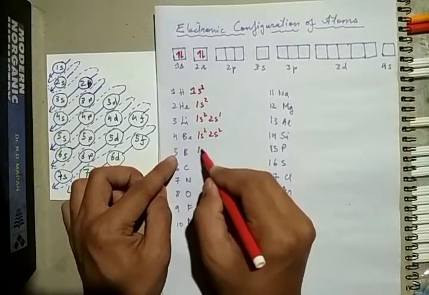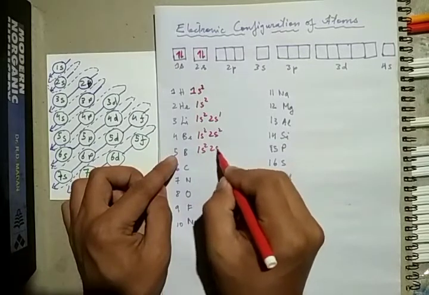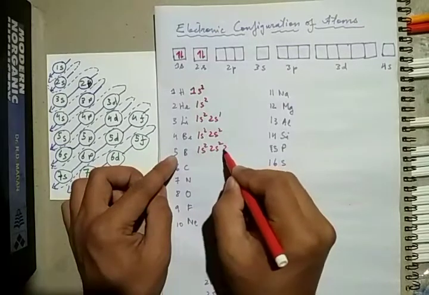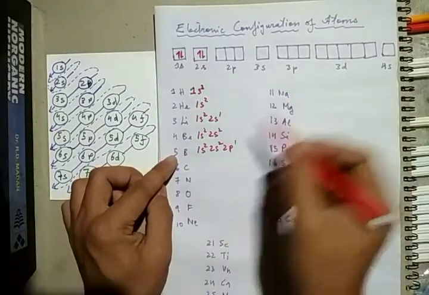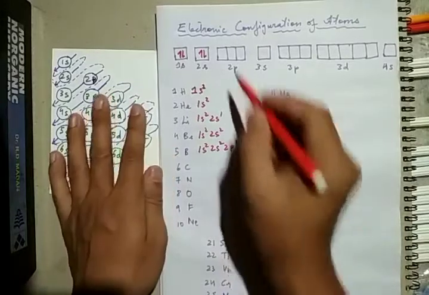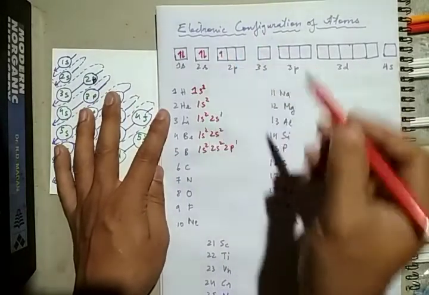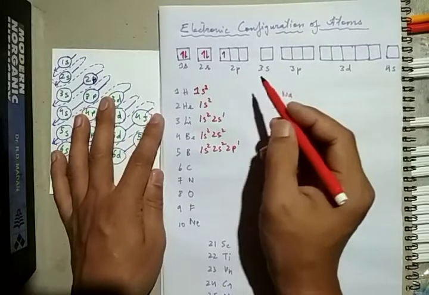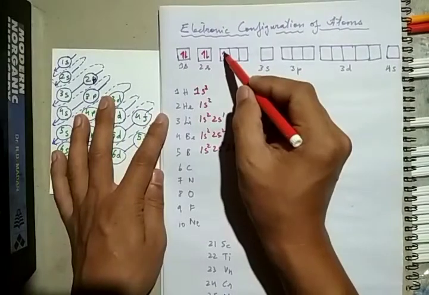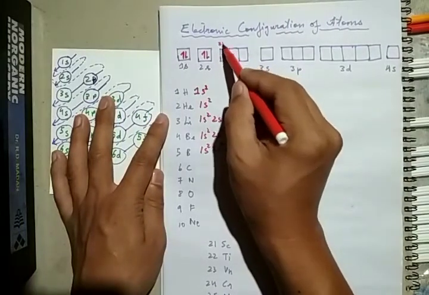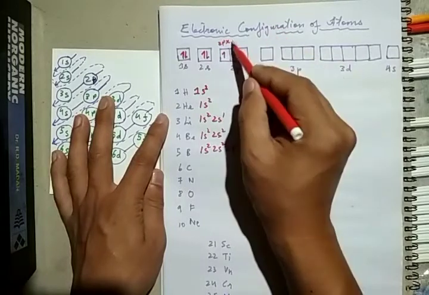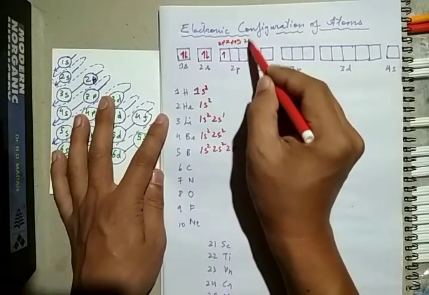Boron, 5 electrons, 1s2, 2s2, 2p1. It is singly filled first. So this first may represent the 2px orbital, then 2py, 2pz.